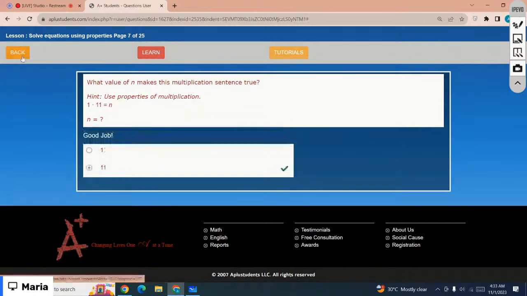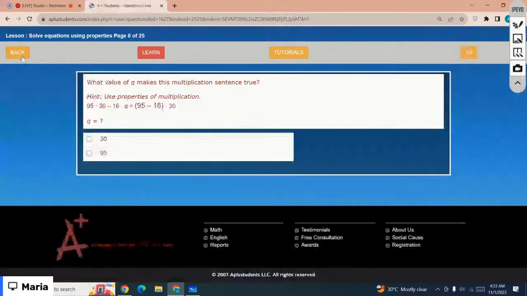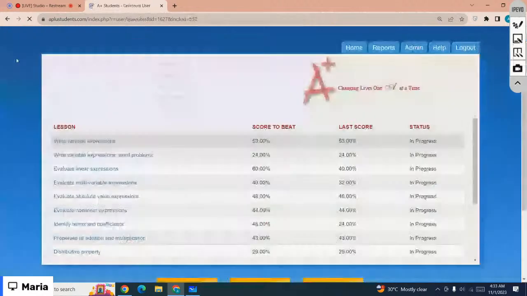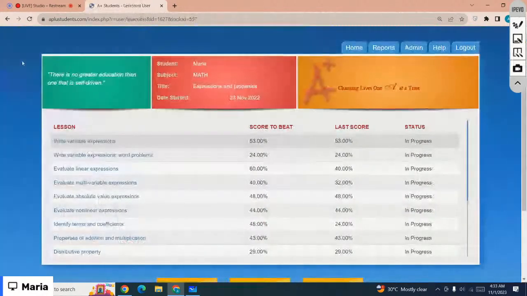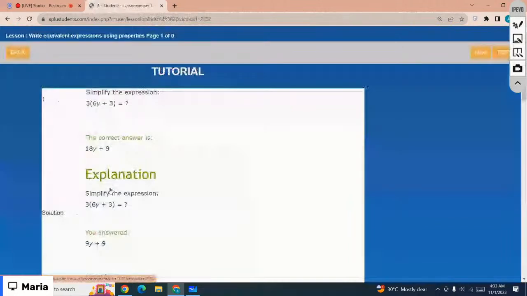Let me just move on to the next lesson. And the next lesson is write equivalent expressions using properties.